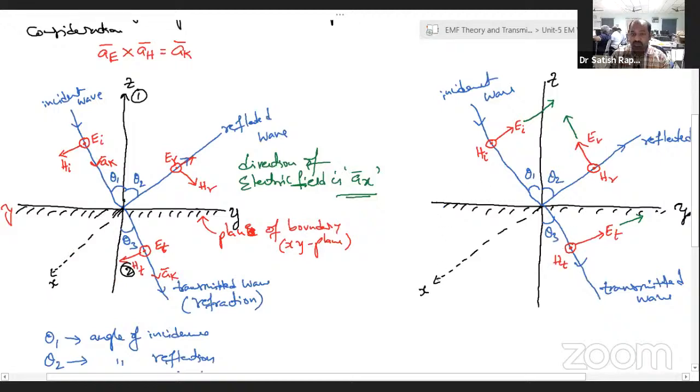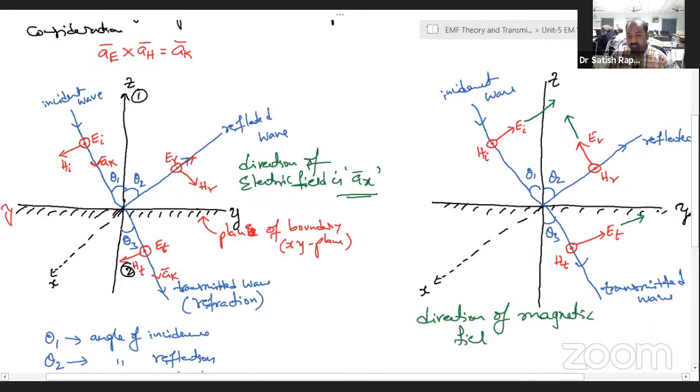That means the direction of magnetic field is AX bar, right? Direction of magnetic field is AX bar here.